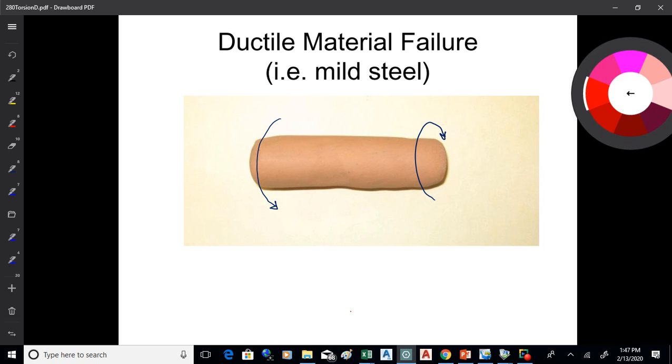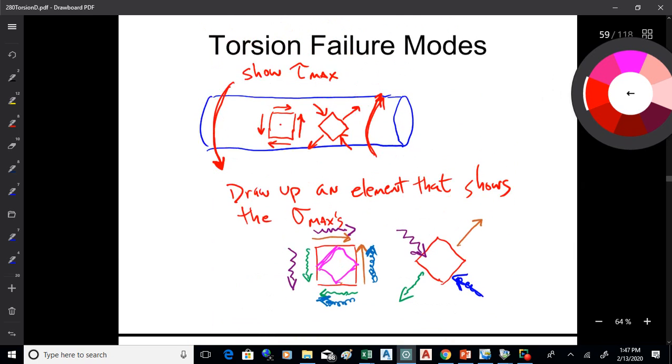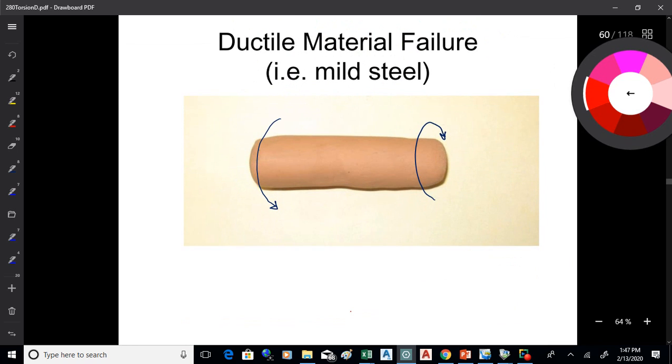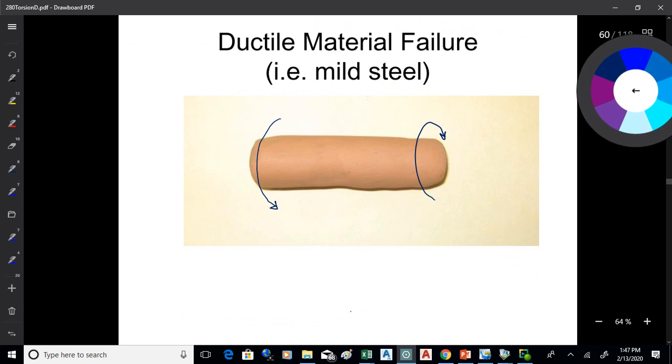Well, let's think now. Ductile materials, what are the modes of failure? We've got three modes of failure: shear, tension, and compression. Now, also just think about it.